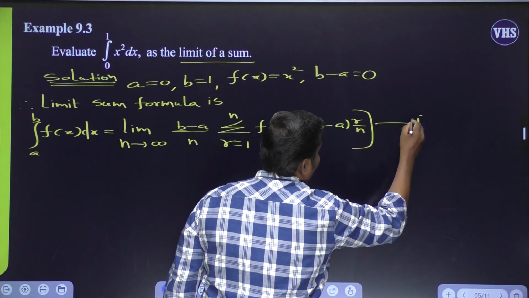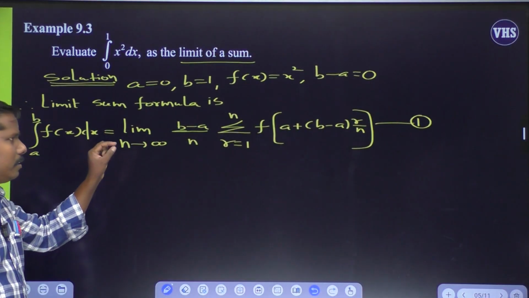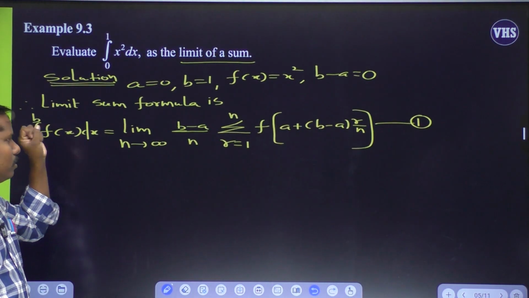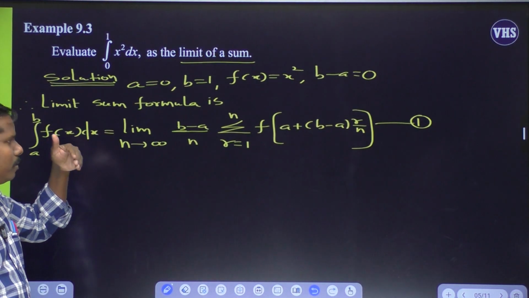Students, you should memorize this formula. If you commit any mistake in writing this formula, the entire problem will collapse. So write down this formula three or four times, just memorize.